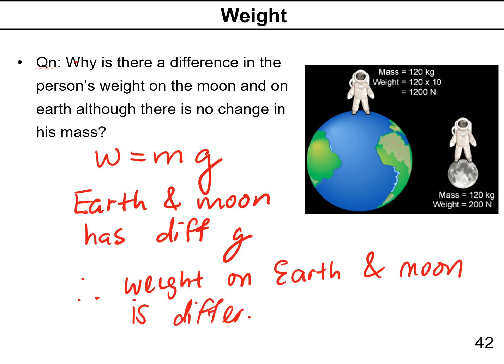Okay, I'm able to say the weight is different on the Earth and Moon because weight is determined by this formula. And since the Earth and the Moon have a different g, therefore it will have a different W. The key thing is, please always quote the formula in your answer. Let's go on, a few more slides to go.